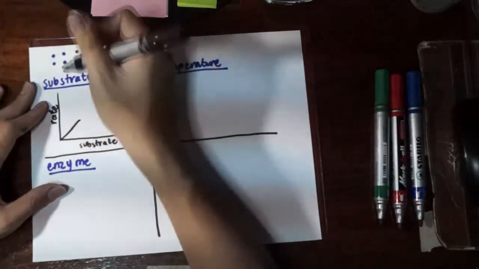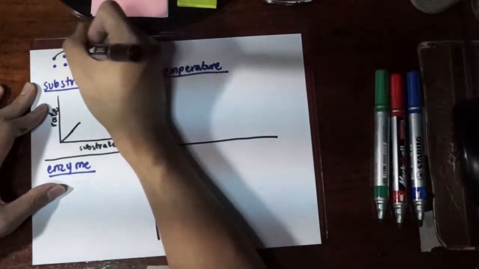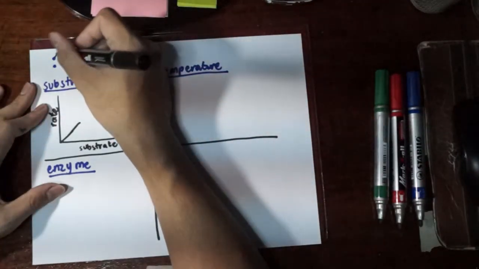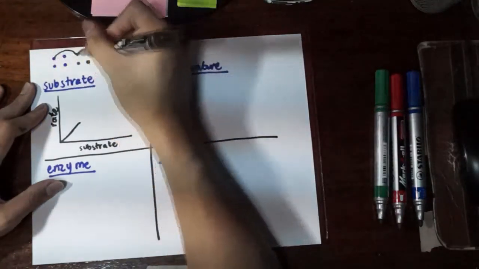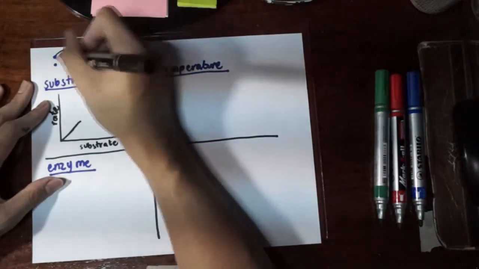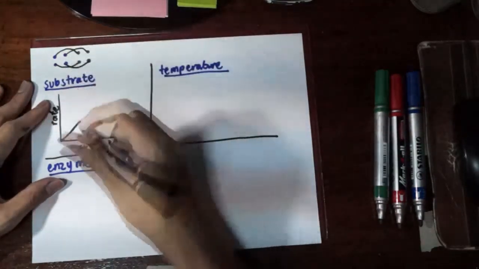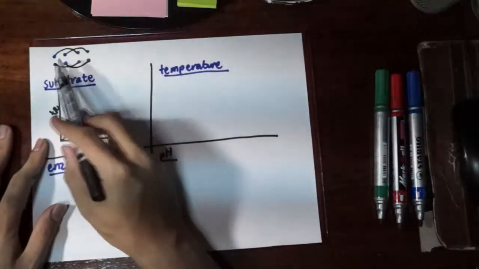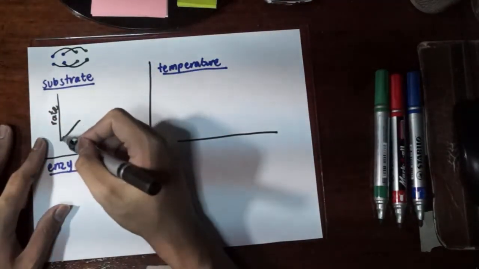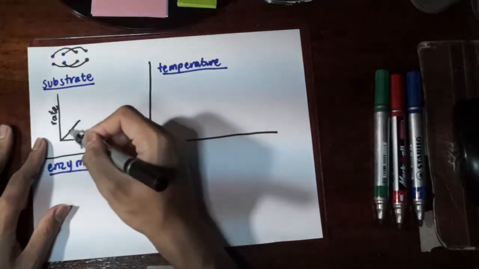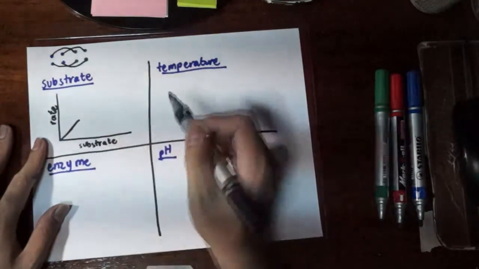So this is what happens. For example, this substrate goes to this enzyme, then the other one, then the other one, then the other one. So for every substrate there's an enzyme, so the rate would just go up accordingly depending on the number of substrates.